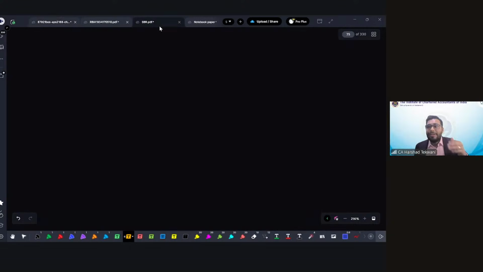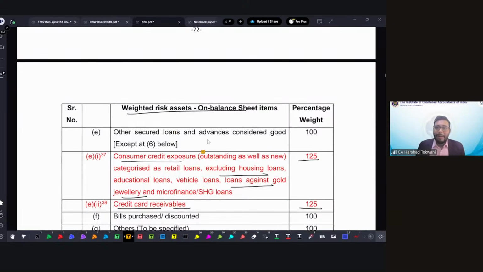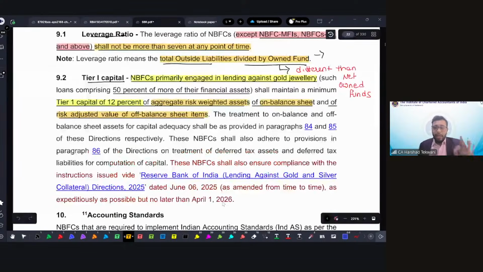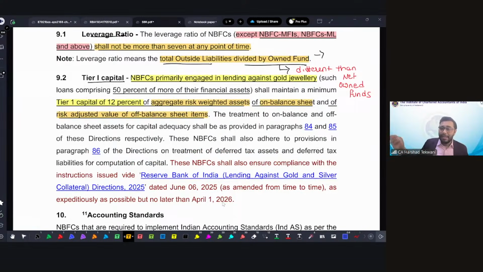You have to calculate the requirement, and on that basis determine whether tier 1 capital or tier 2 capital is within the given limits or not. Clear? Any doubt? So that was the calculation of tier 1 capital and tier 2 capital. If there is a numerical question in the exam, this is how it is required to be considered and solved.